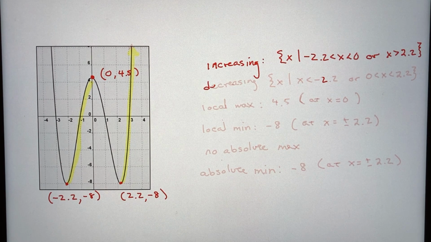Okay, decreasing the rest of the time. So to the left of -2.2. And then in between 0 and +2.2.